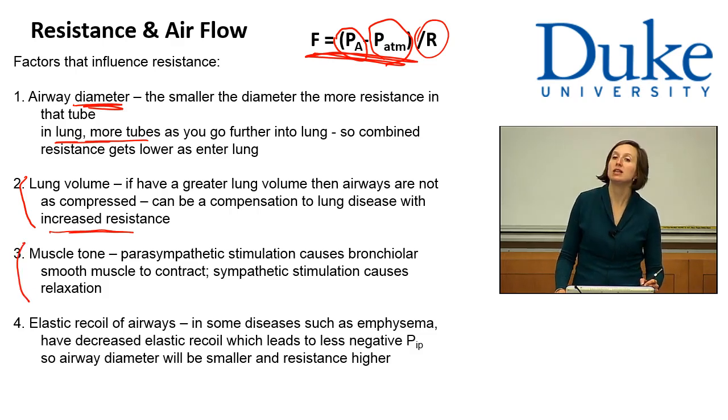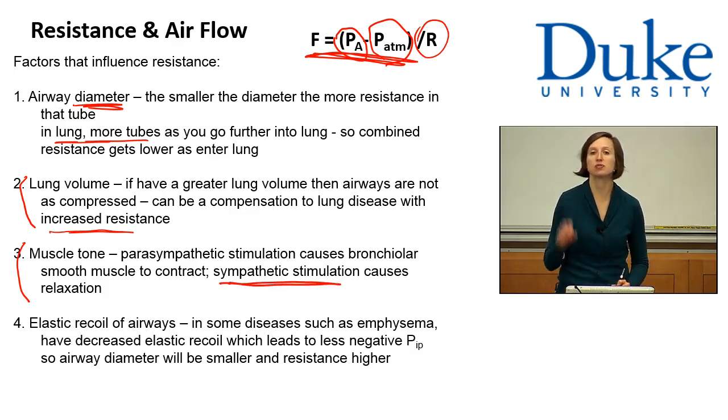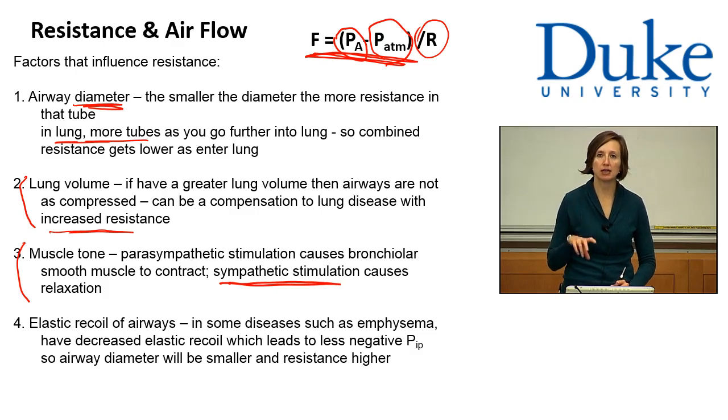As with the circulatory system, we're going to be able to control the diameter, particularly of bronchioles with all that smooth muscle, to be able to control flow. And this is going to be in contrast to the circulatory system, where sympathetic stimulation is going to cause relaxation in the bronchioles.